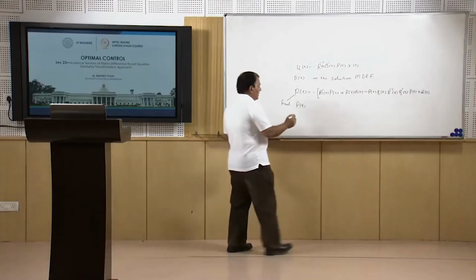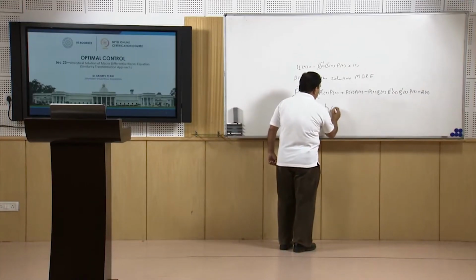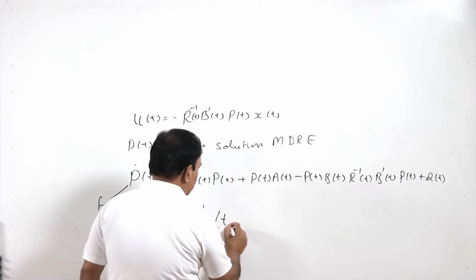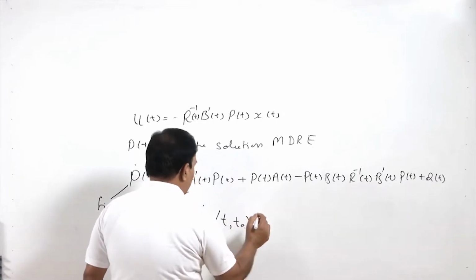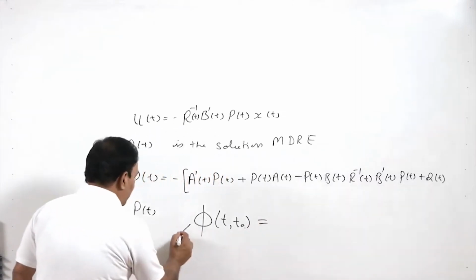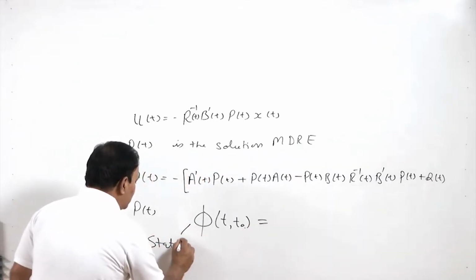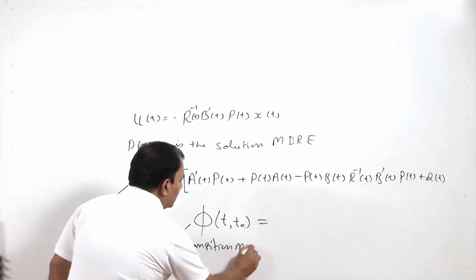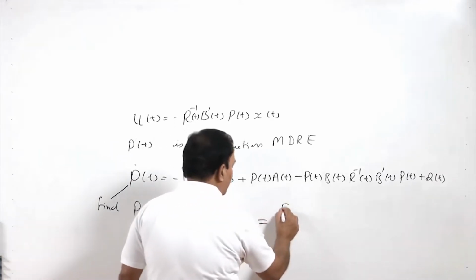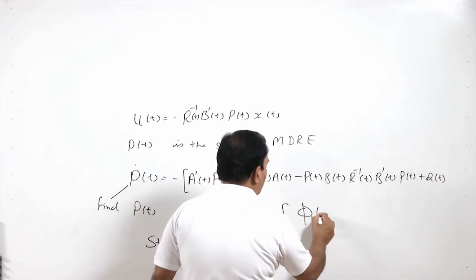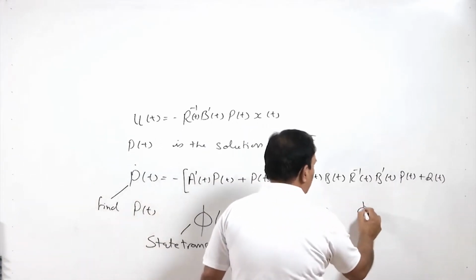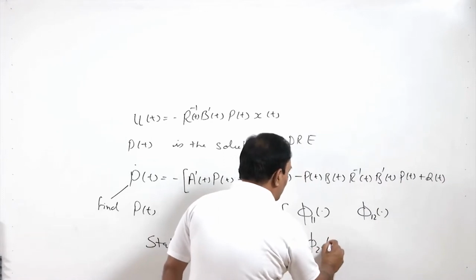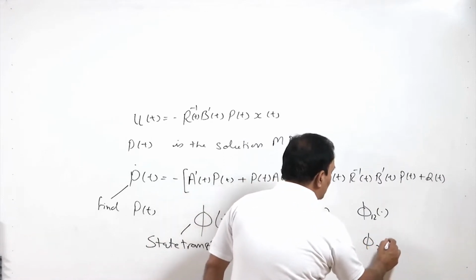What are the phi matrices? Phi(t, t0) is my state transition matrix, and this we partition as phi 11, phi 12, phi 21 and phi 22.